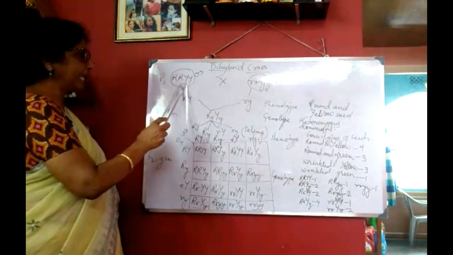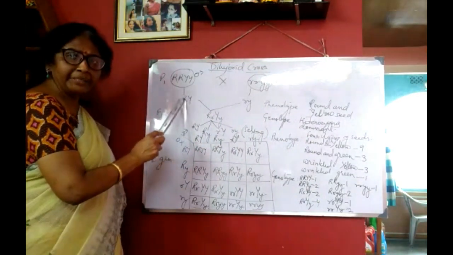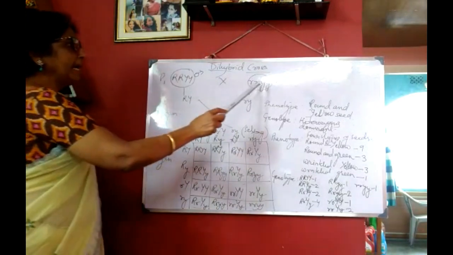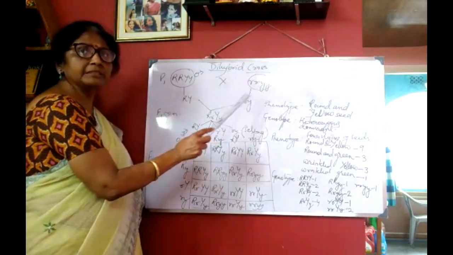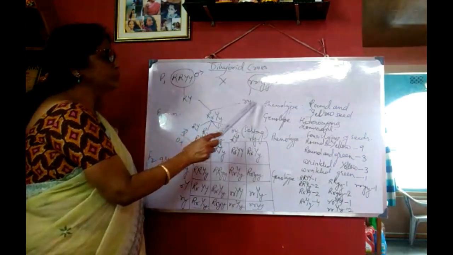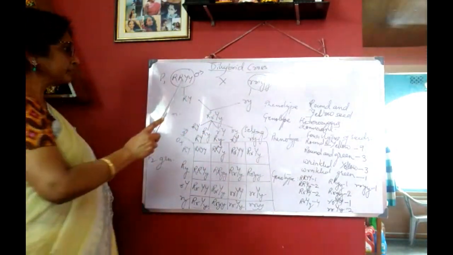The pollen grains contain capital R and capital Y, and here the gamete, the ovum, the egg, contains small r and small y.